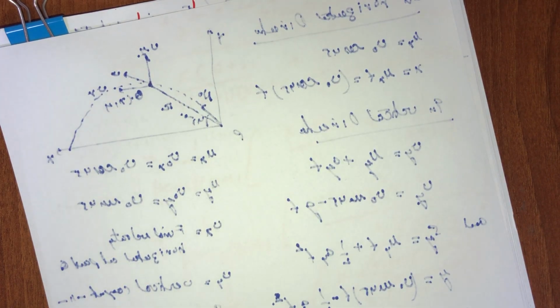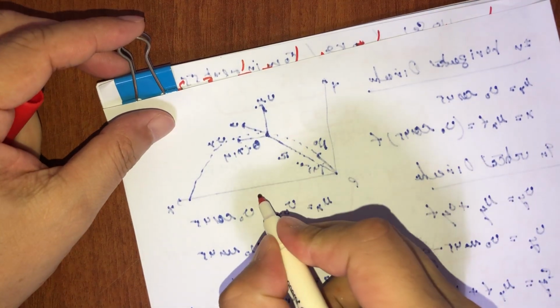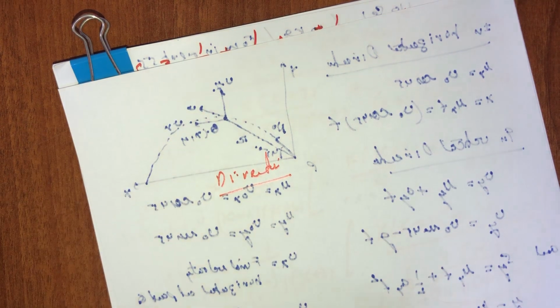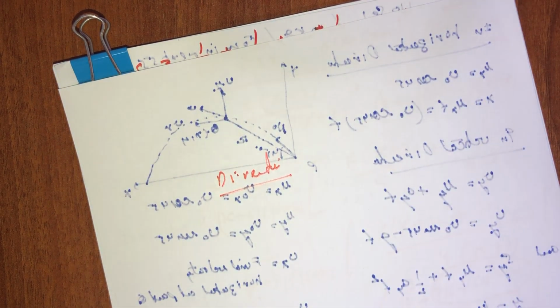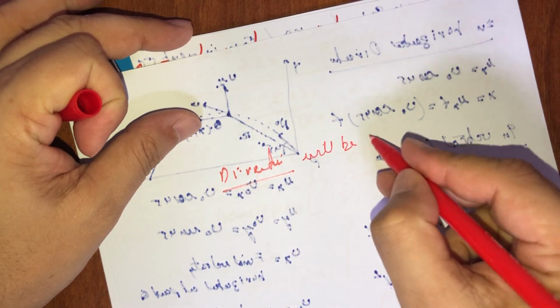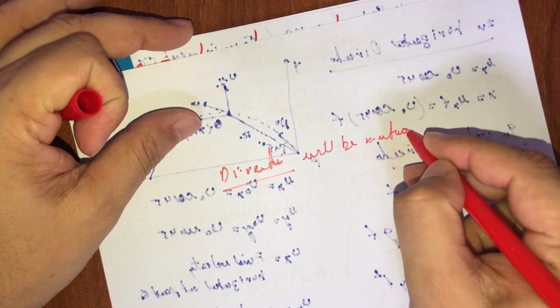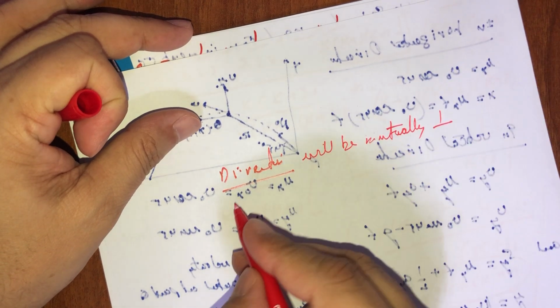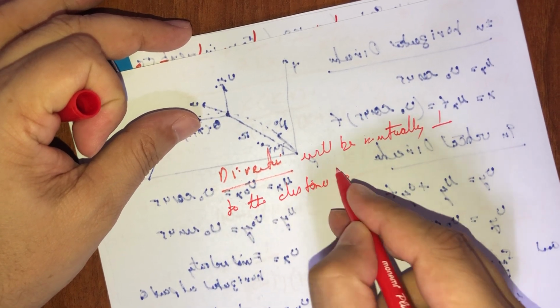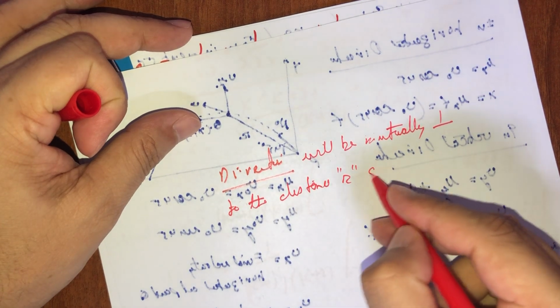So we can write it like this: direction will be mutually perpendicular to the distance r and the momentum vector.